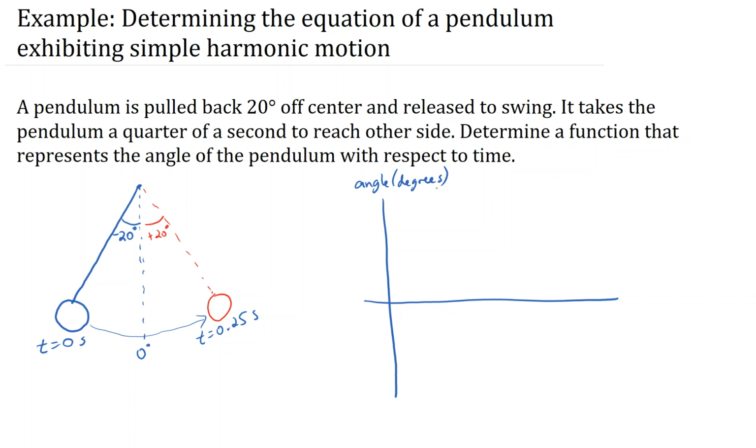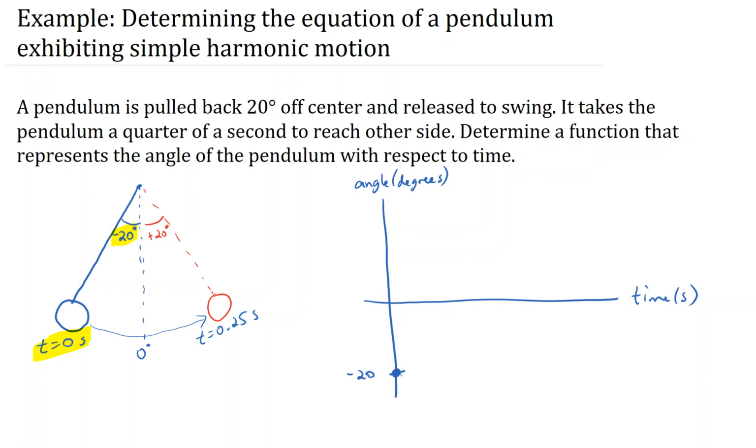That's what we're interested in measuring. And then the horizontal axis will be our time axis measured in seconds. At time 0 seconds, the pendulum's position is at negative 20 degrees. So on the degrees axis we might mark negative 20 as our starting point for the pendulum.